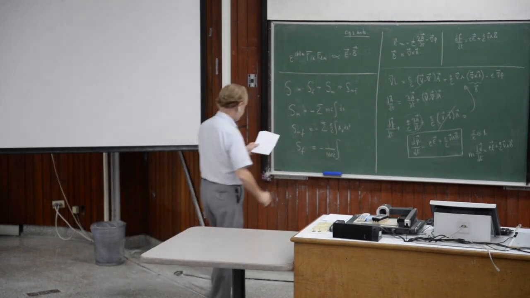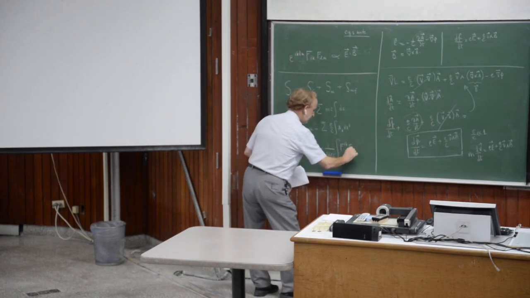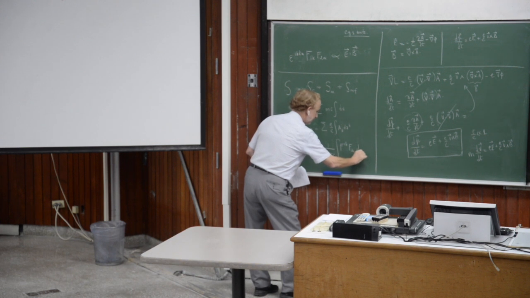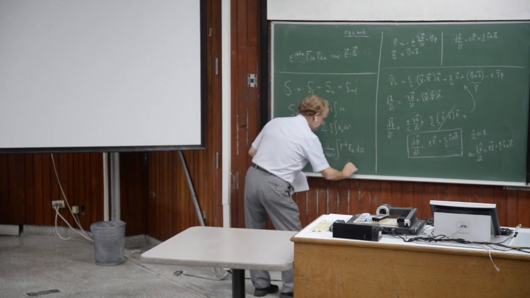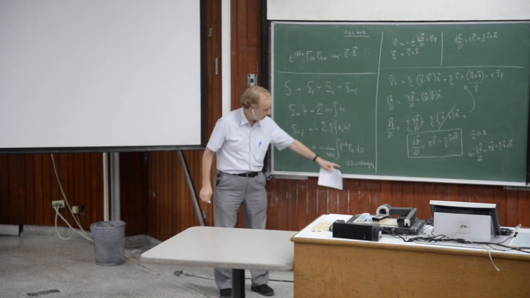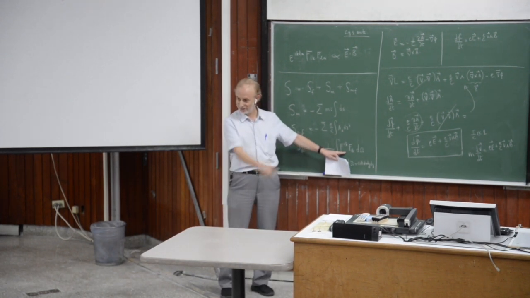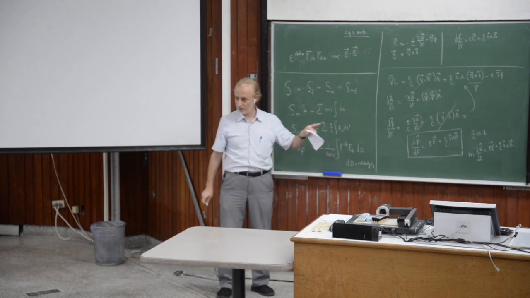So this is equal to Fik Fik d omega, where d omega is c dt dx dy dz. And this is a Lorentz invariant. So the whole thing is a Lorentz invariant.